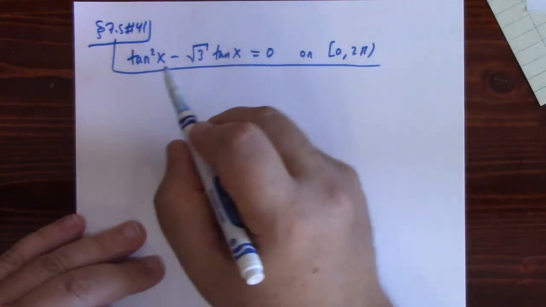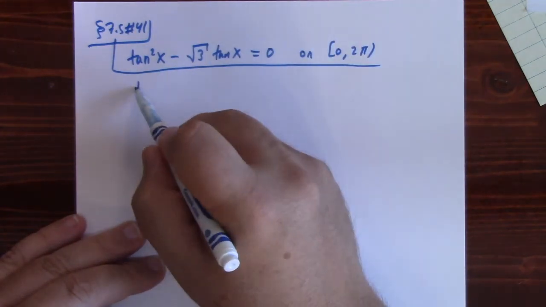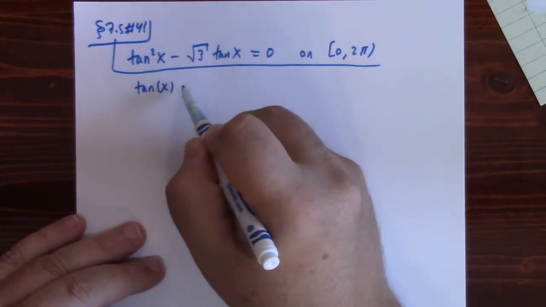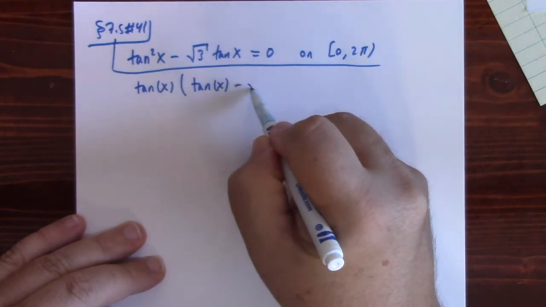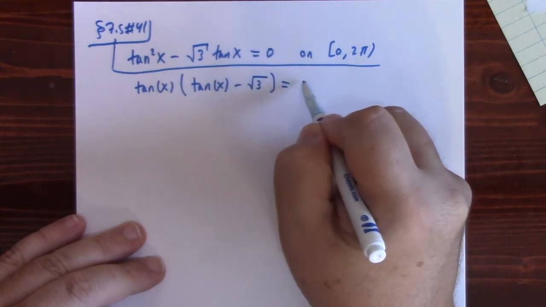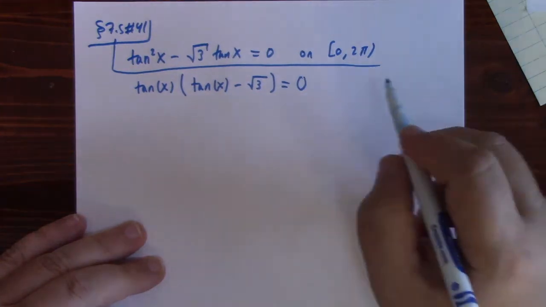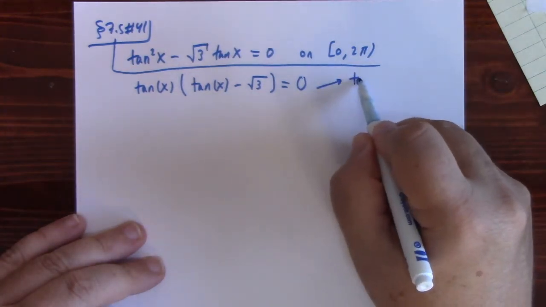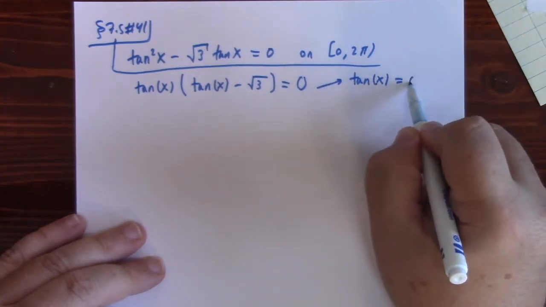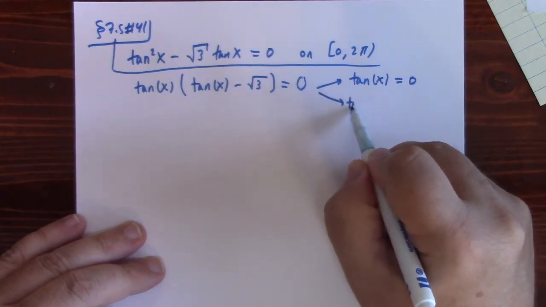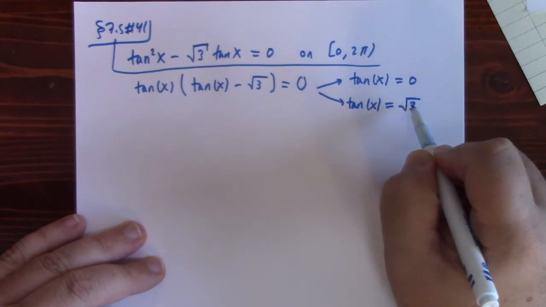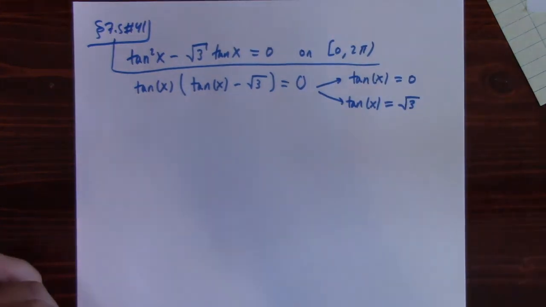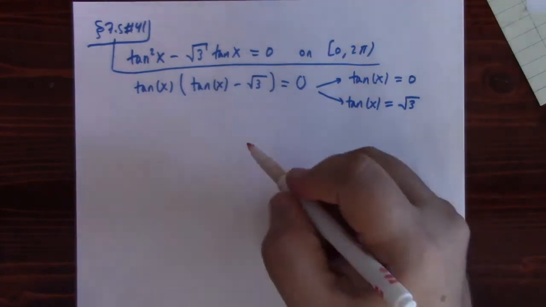See, this is tangent of x times tangent of x minus the square root of 3 equal to 0. So we can see from that we either need to have tangent of x equal to 0 or tangent of x equal to the square root of 3. Either one of those options will solve the problem, and those are the only ways to solve the problem. I will again take a graphical approach.